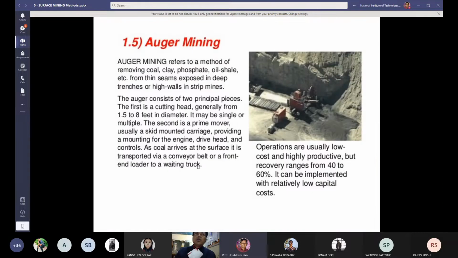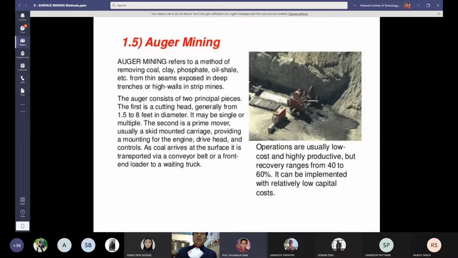There is another method of mining, which is called auger mining. This auger mining is applicable to thin deposits. If the coal seam is very thin and the overburden material is very thick compared to the mineral or the coal deposit, you cannot go for underground mining, you cannot go for surface mining, so you have to go for auger mining.